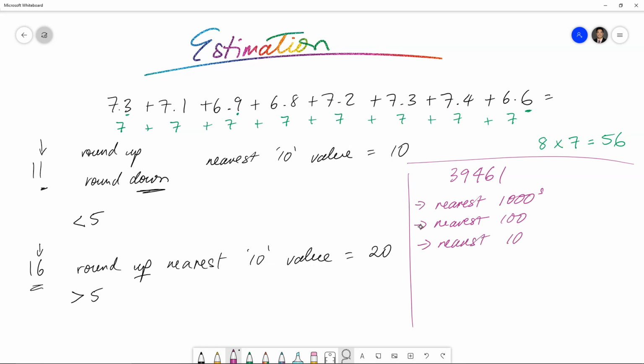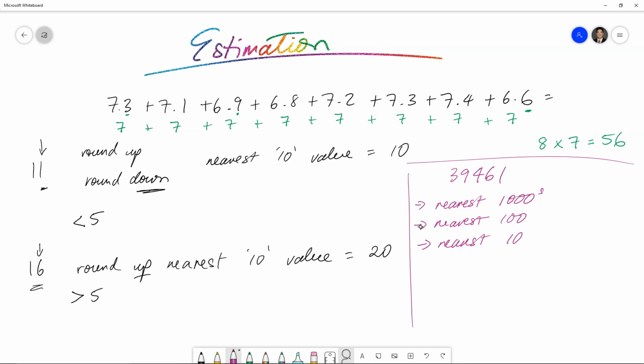So there are different ways to estimate, and if there's no real prescription for how to estimate, then it's really up to you in context of what you think would be the most appropriate. But in this case, it's prescribing you specific place values to round off.